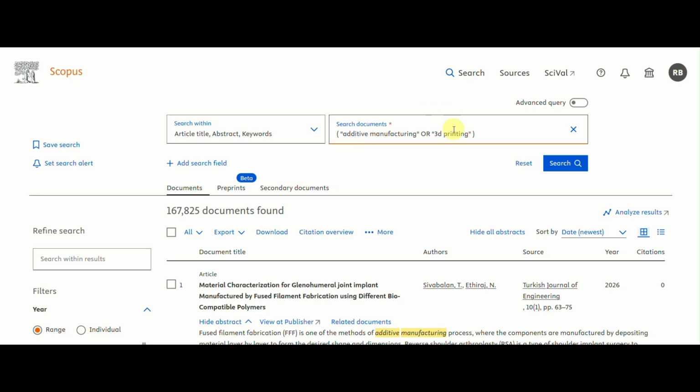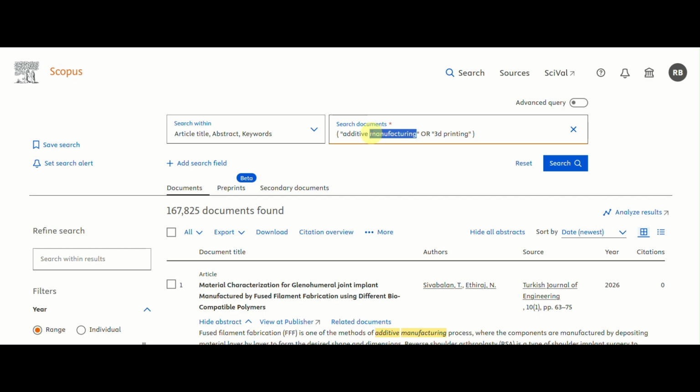We can also call it 3D printing. So in today's lecture, I will show you one more method so that we can get quality and specific papers.